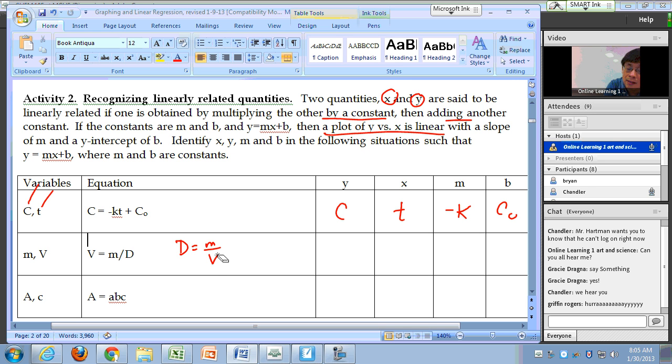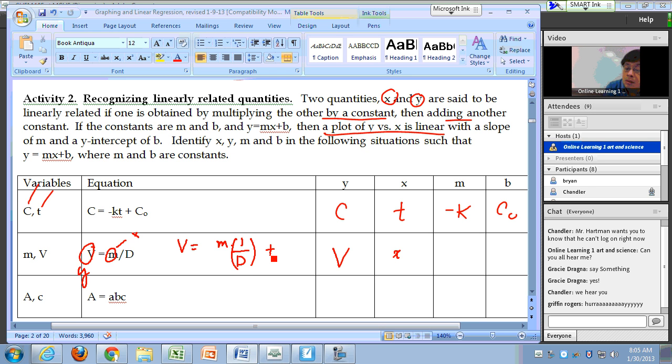So if I write that equation this way, V equals m over d, if I was going to call V my y, right, and m is my x, okay, what would be my slope in this case? I can say that V equals m over d is the same thing as m times 1 over d.